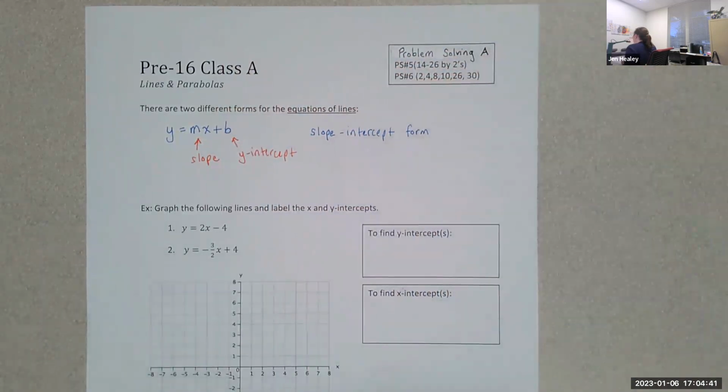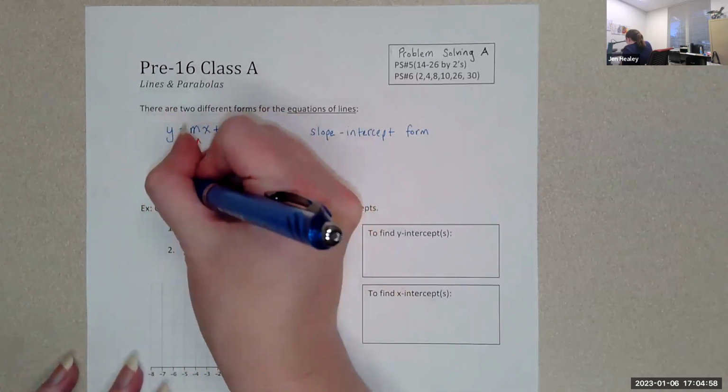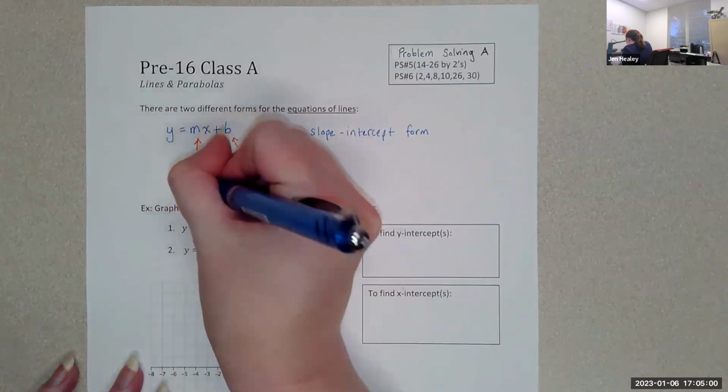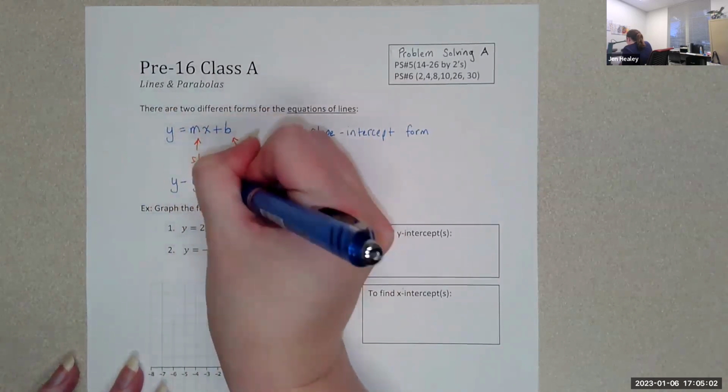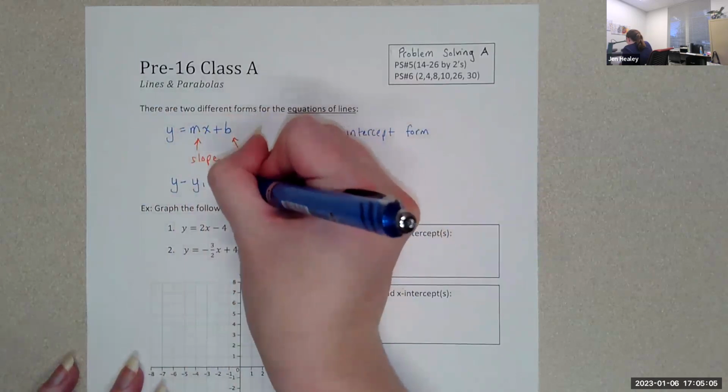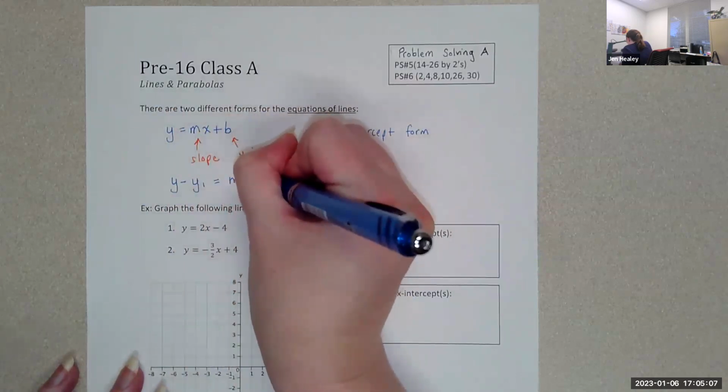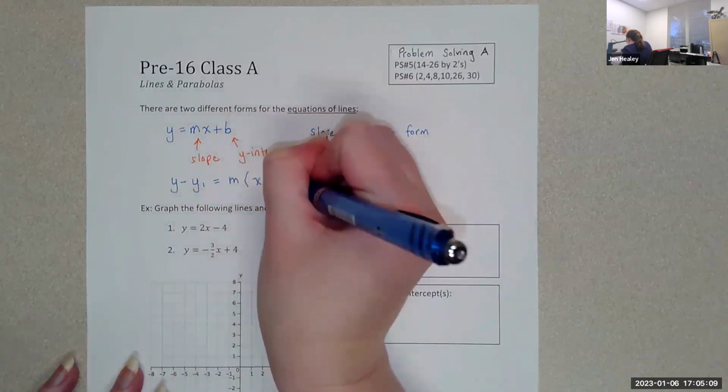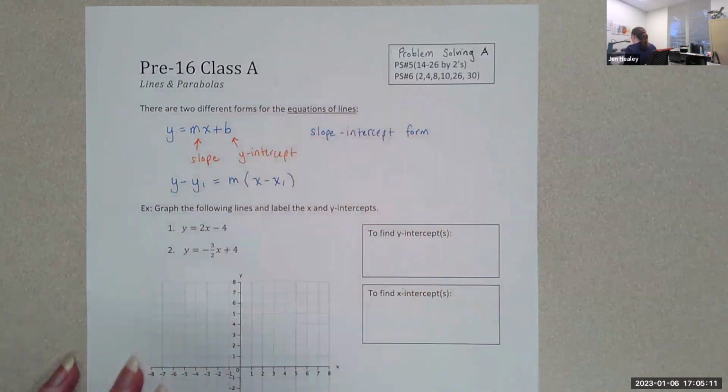And then we have other forms for equations of lines that we can either use in certain circumstances or that we might see in other situations, and we need to be able to recognize that it's still a line. Point slope is the second one that you'll see often. That's when we have y minus y sub 1 equal to m times the quantity x minus x sub 1.